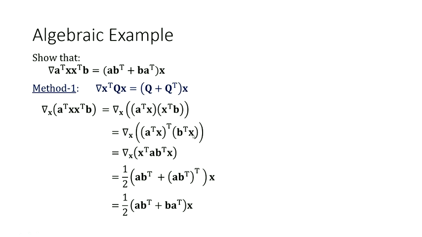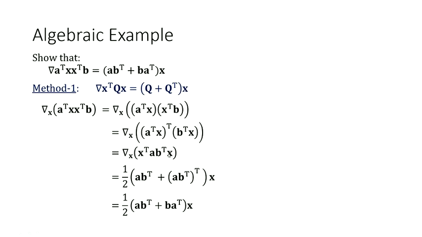So I get this. What this trick accomplished is I took the x's outside, so it's of this form, and inside you have a matrix. Now I'm free to apply this identity to take the gradient.